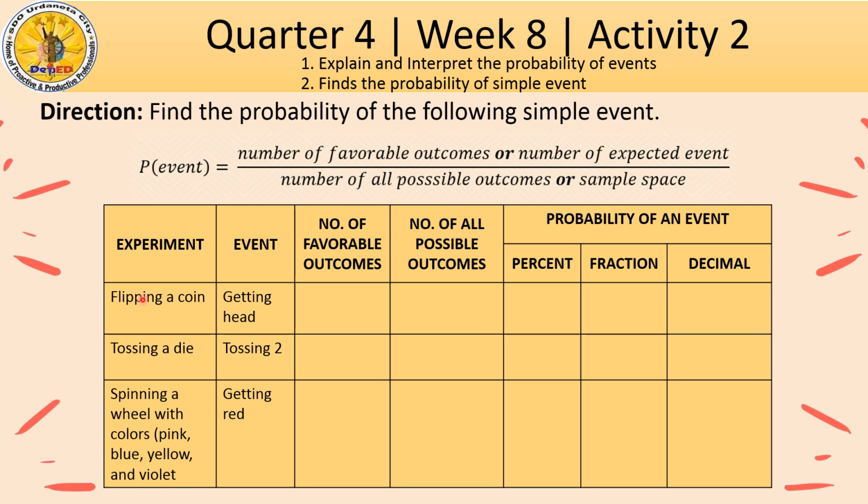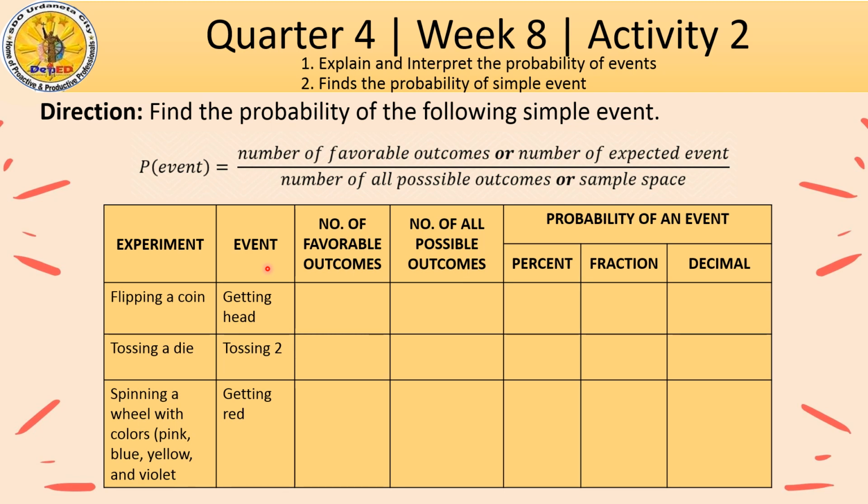Now, the event is getting a head, and what is the number of favorable outcome in getting a head? So take note that the number of favorable outcome is on the numerator of the probability of an event. Okay, so how many heads are there in a coin?